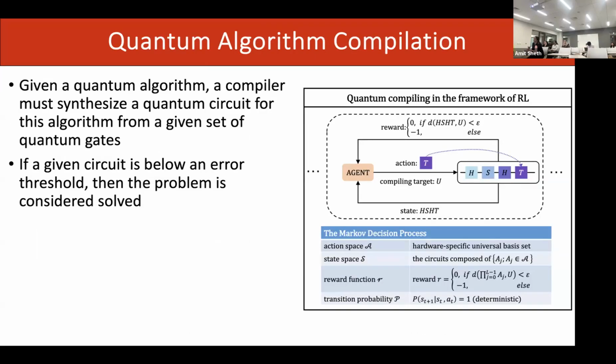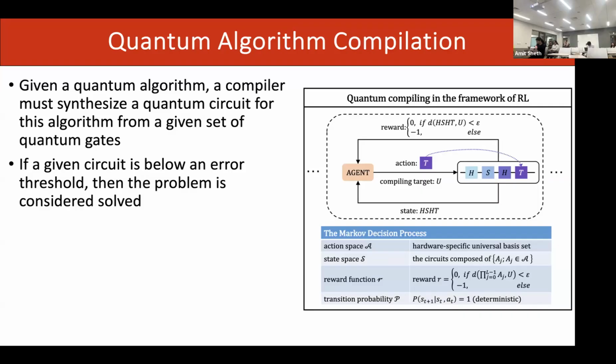Okay, I have a couple more minutes left. Another pathfinding problem, which I wish I had thought of, but these are actually other researchers building off of our work, is compiling quantum algorithms. So if I have some algorithm in quantum computing, these algorithms can actually be represented as matrices.